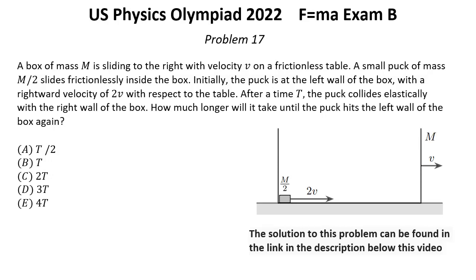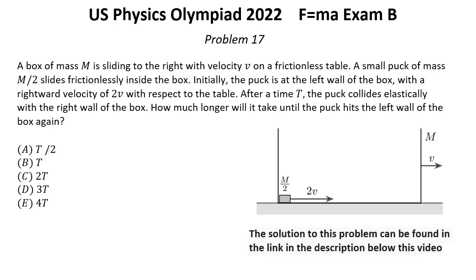Problem number 17. A box of mass M is sliding to the right with velocity v on a frictionless table. A small puck of mass m/2 slides frictionlessly inside the box.